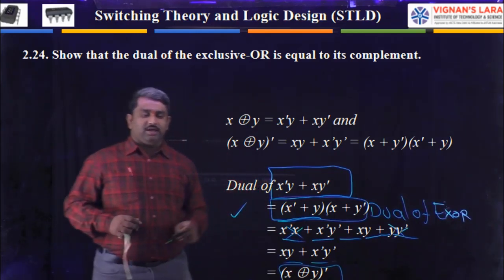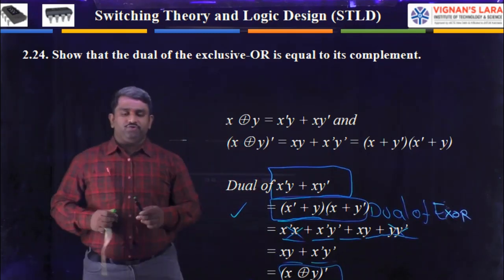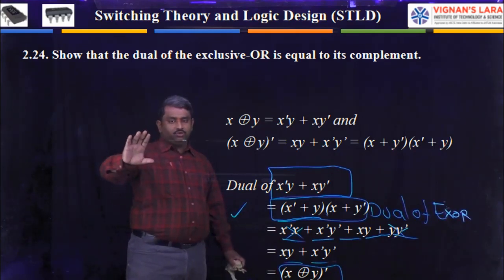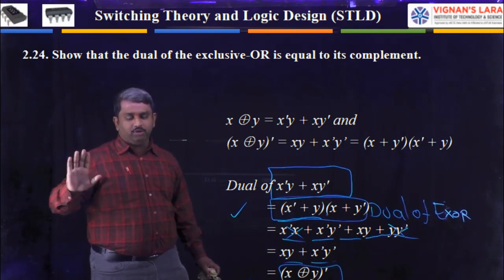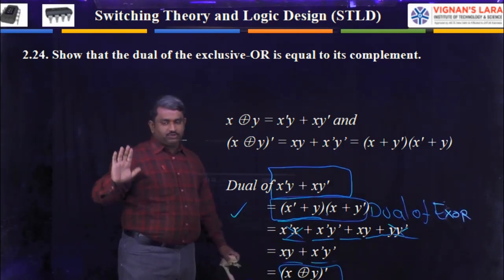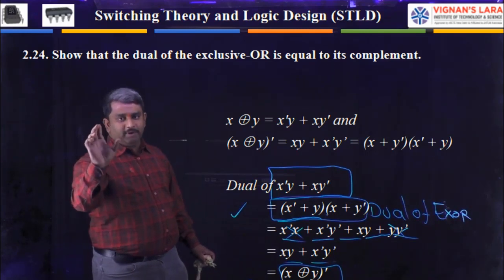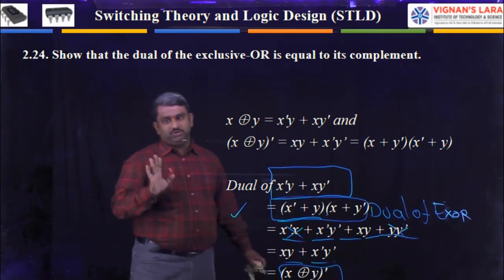So this is the proof for the dual of the XOR function. The final conclusion: if you find the dual of the XOR function, the final output is nothing but the complement of the XOR function.